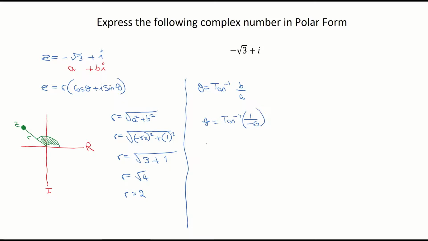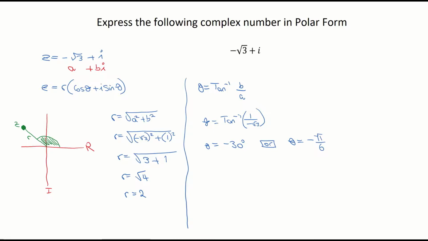And when I type that into my calculator, in degrees it's coming up as negative 30 degrees, or if you're working in radians, it's coming up as negative pi over 6. So it's up to you whether you're using degrees or radians. I'm just going to do it out in both forms for this question.